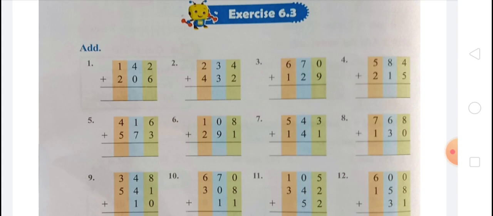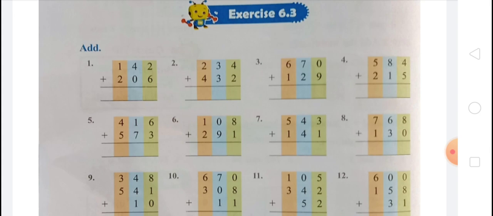Question number three, 670 plus 129. In 670, 0 is on the ones place, 7 is on the tens place, 6 is on the hundreds place, and in 129, 9 is on the ones place, 2 is on the tens place, and 1 is on the hundreds place. In the first step we have to add the ones places, that are 0 and 9.